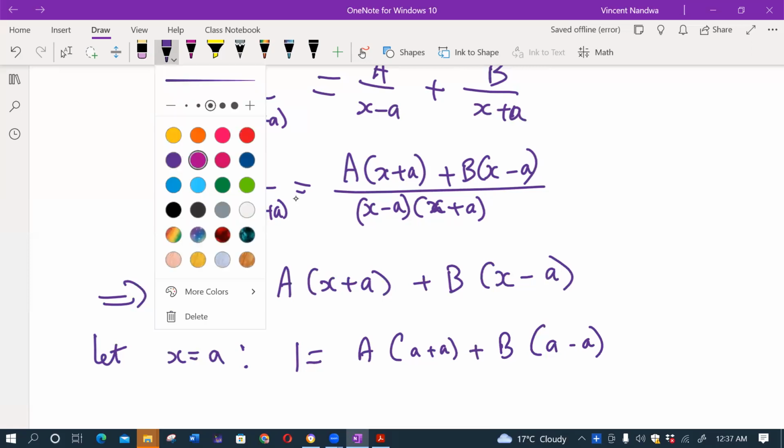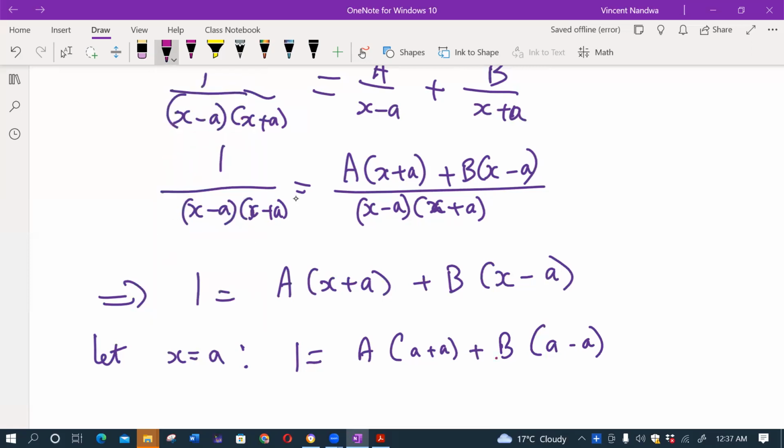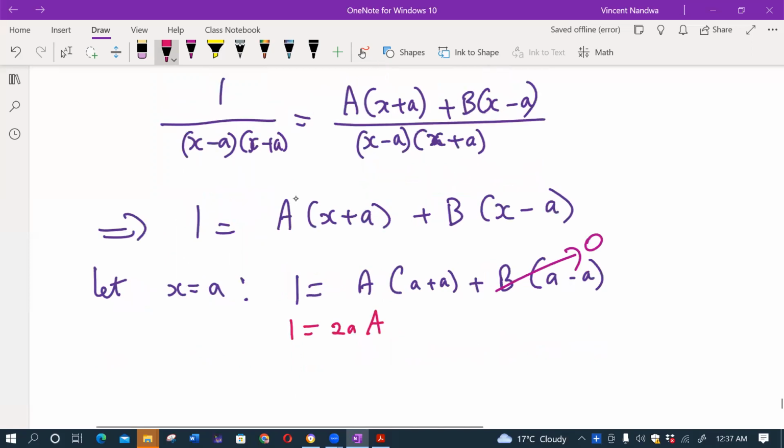So this part will be 0. So we'll have 1 equals 2a times A, which means A is 1 over 2a.